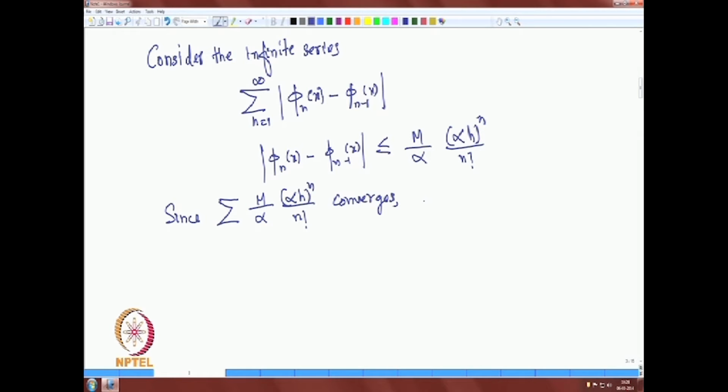we now invoke the Weierstrass M test, which we discussed in the preliminaries.